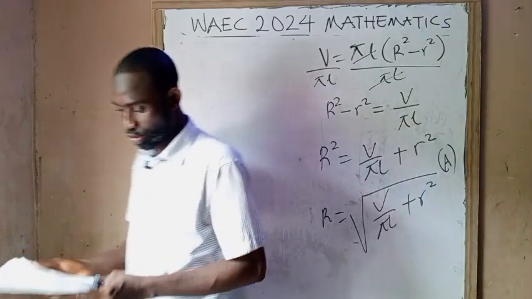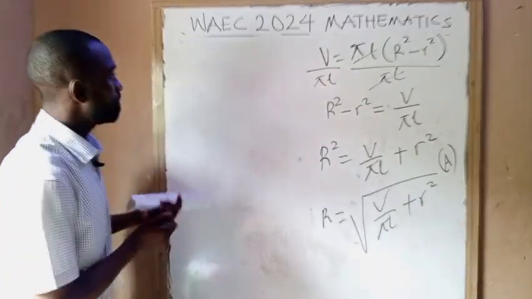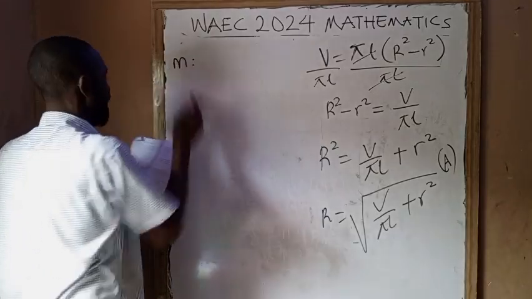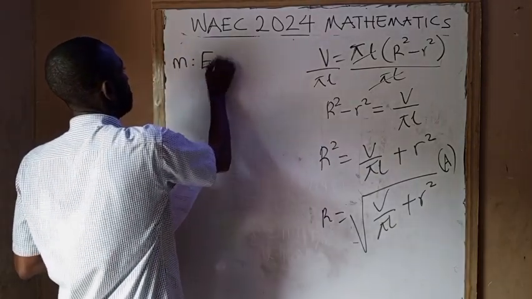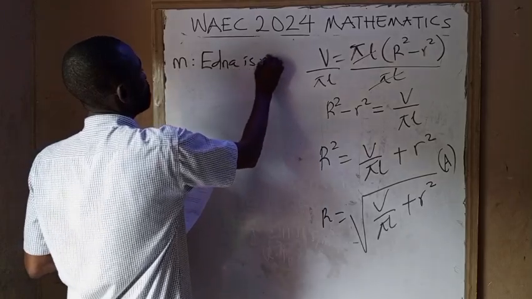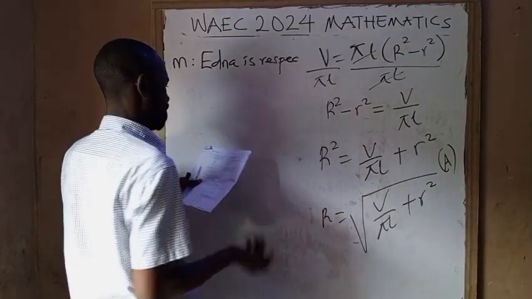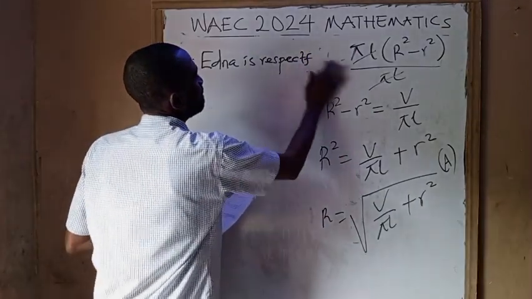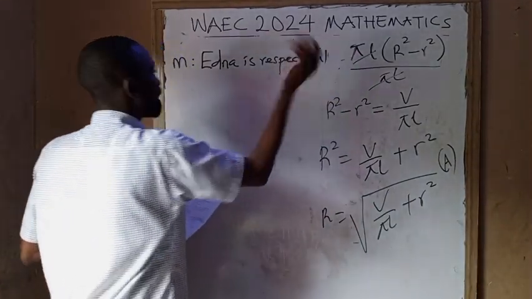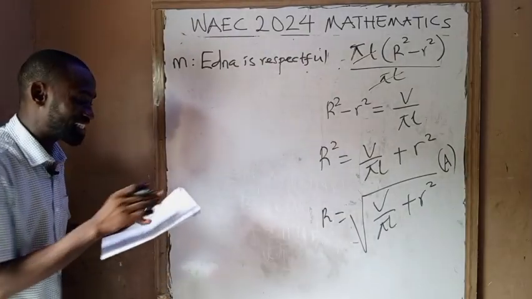Number 16. Consider the following statement. This is under logic. Edna is respectful. Sometimes the writing will just disappear like that, so I have to check the statement very well.